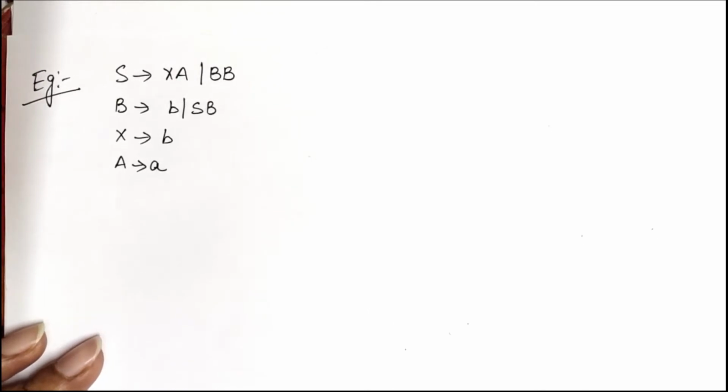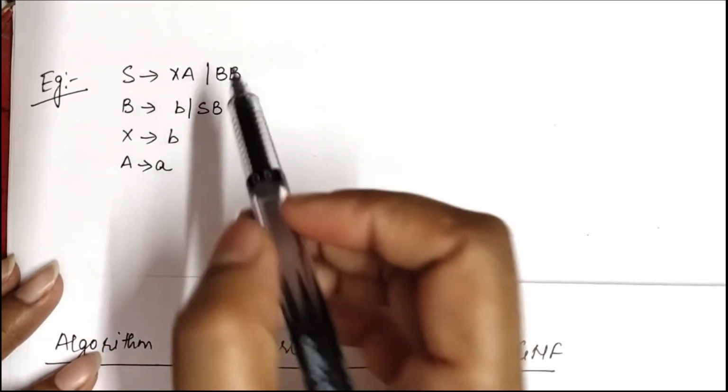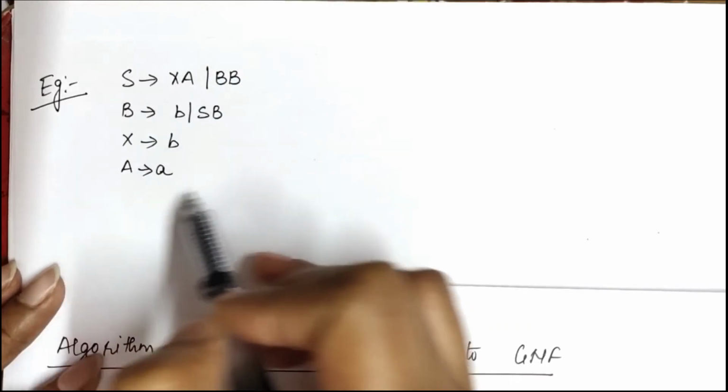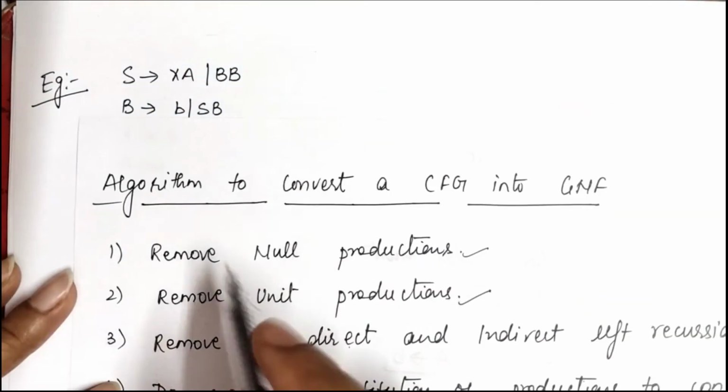Yes, it is, so we move ahead. Now the first step is to eliminate the null production. Till now the grammar does not contain any null production, so we skip this step.